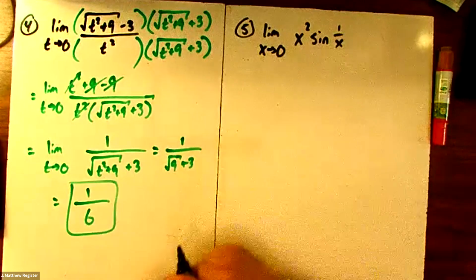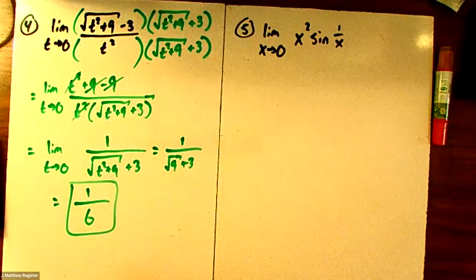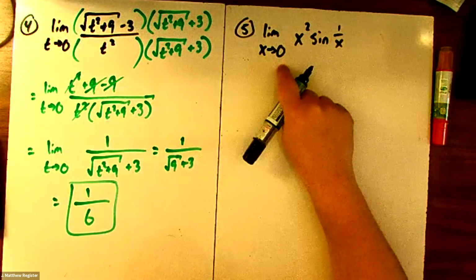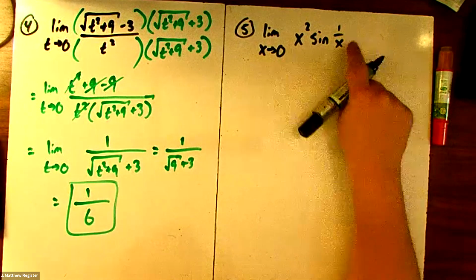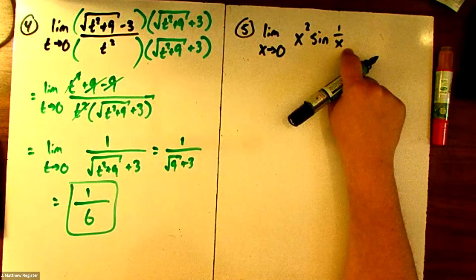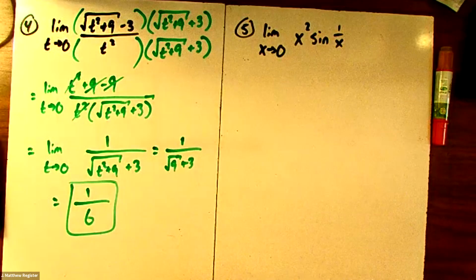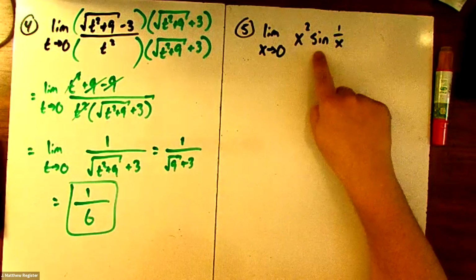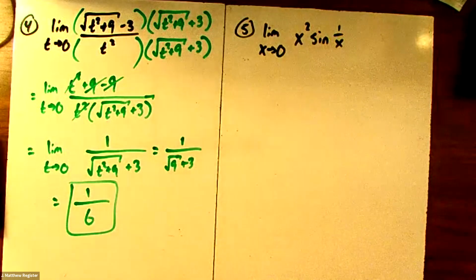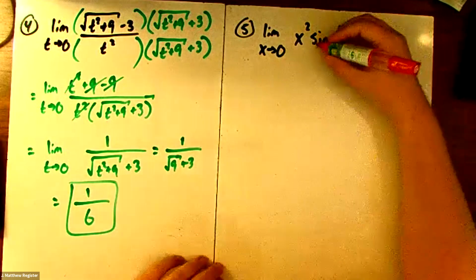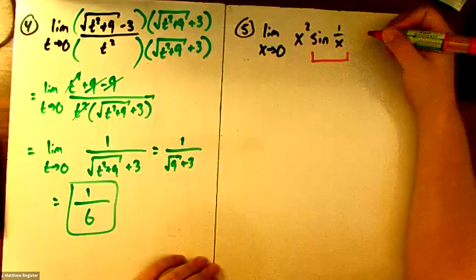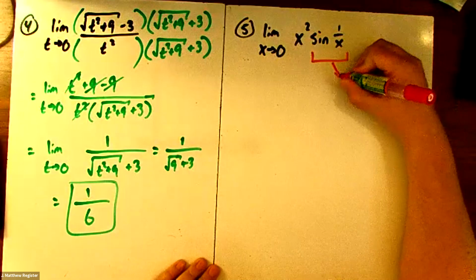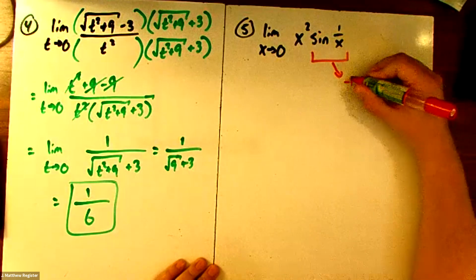But what you can do is you can analyze the structure of this, because this is a trigonometric function. And so we can't plug 0 in here because we know that when we plug 0, we get a 1 divided by 0 in here. However, this is a trigonometric function, and we know trigonometric functions. I hope we do. And trigonometric functions, in this case sine is always going to be bounded between -1 and 1.